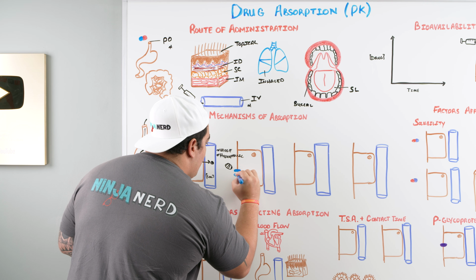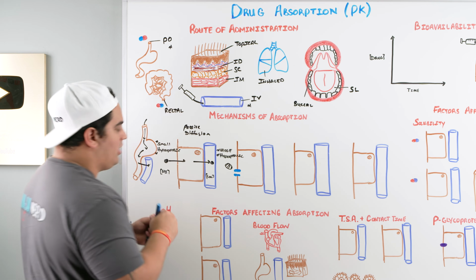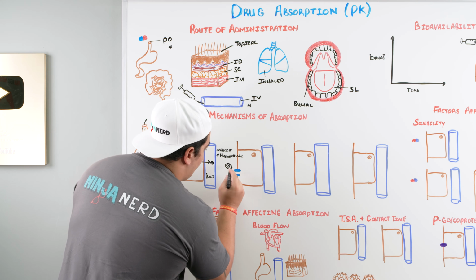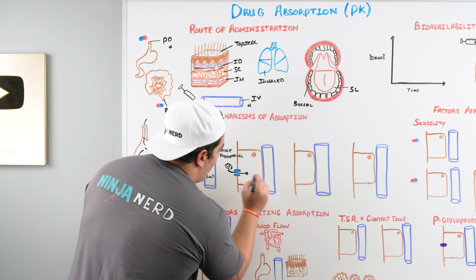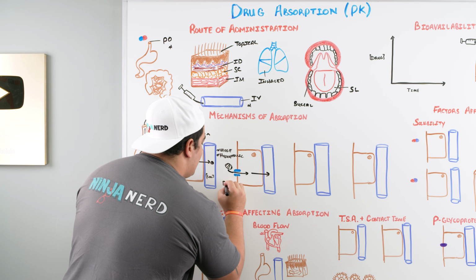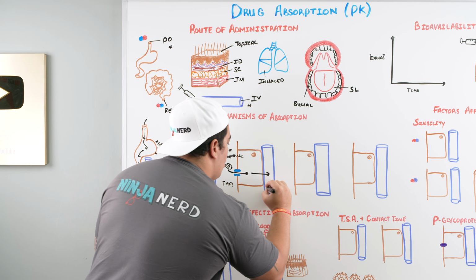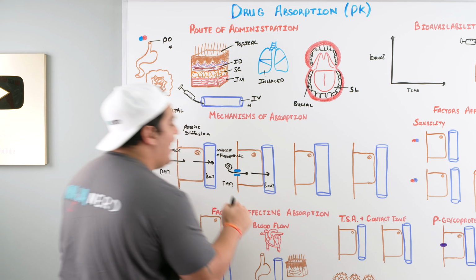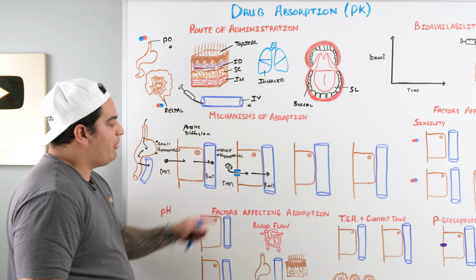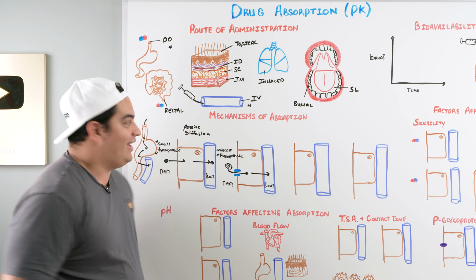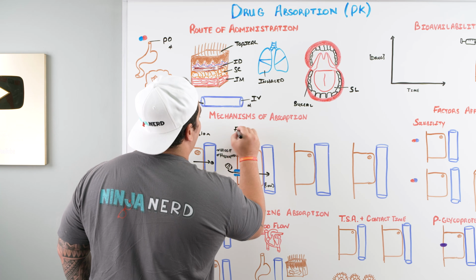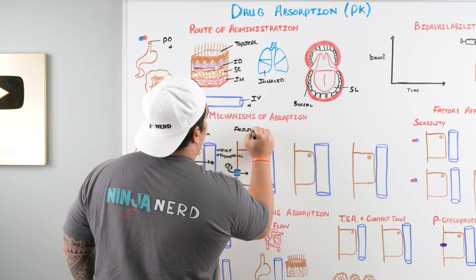These proteins allow the drug to again move from areas of high concentration to areas of low concentration, but it just can't do it by passing simply through the cell membrane. It needs a particular protein. This is called facilitated diffusion.